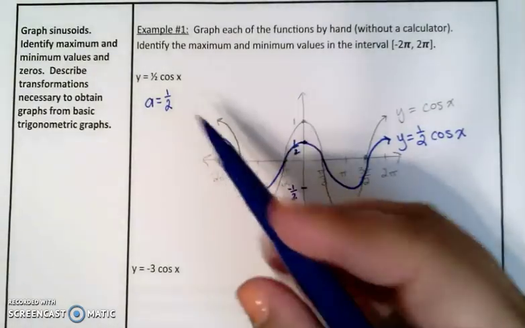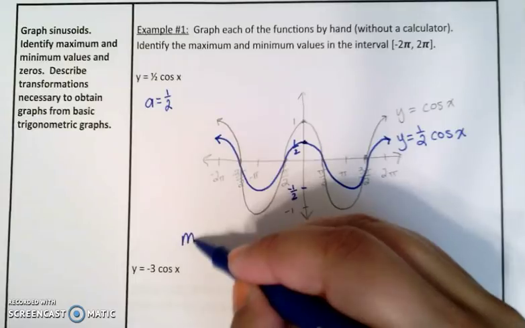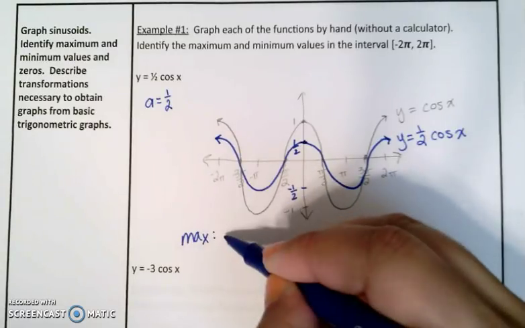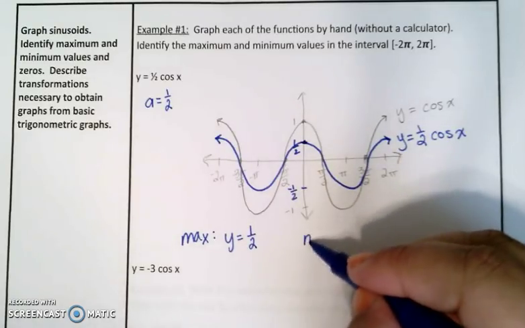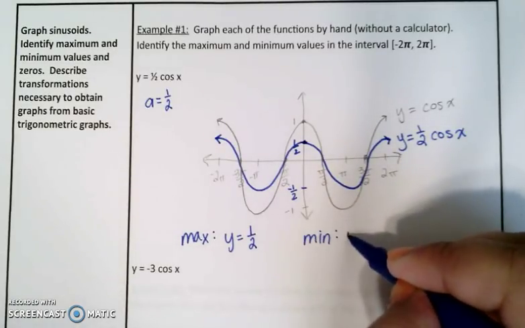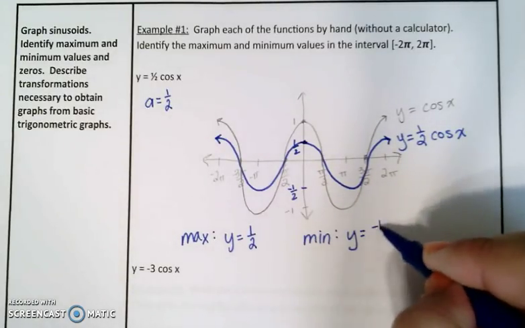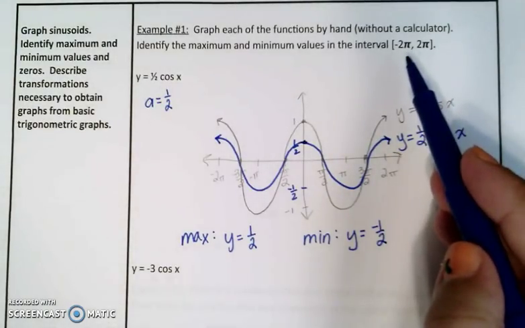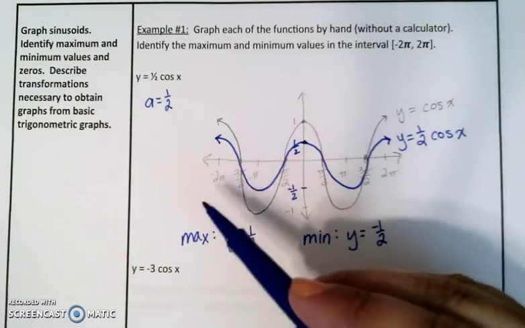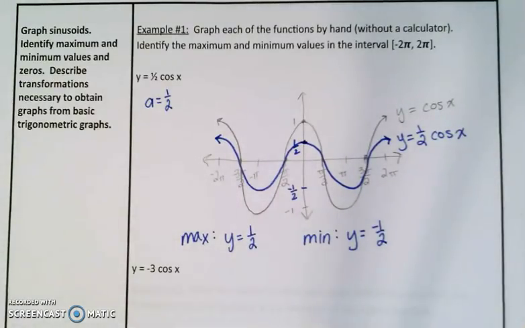For this equation we have a maximum value of y equals 1/2 and a minimum value of y equals negative 1/2 on the interval from negative 2 pi to 2 pi. That's the interval that we graphed.